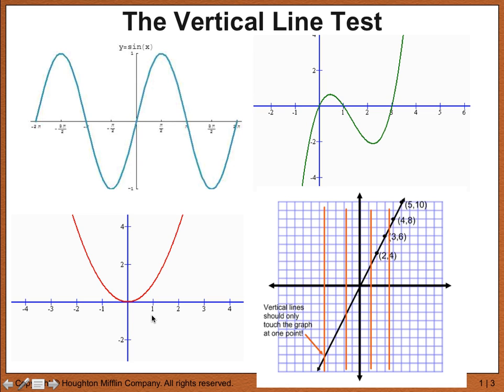Now, it still does satisfy the definition of a function, because all the function means is that for each element in the domain, there is a unique element in the range that is mapped to it. However, that does not necessarily mean that elements in the range won't be repeated.